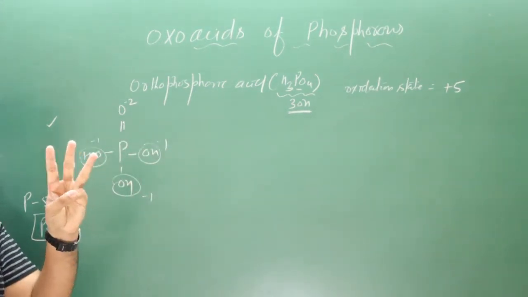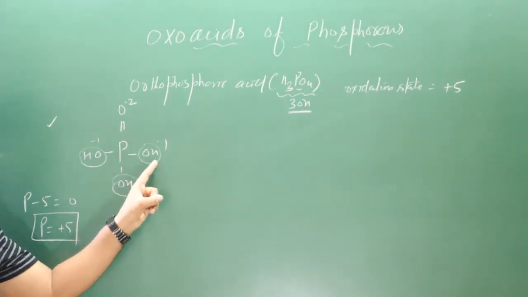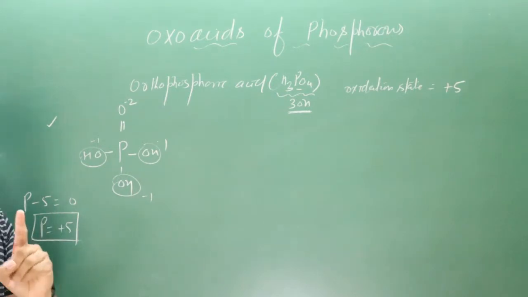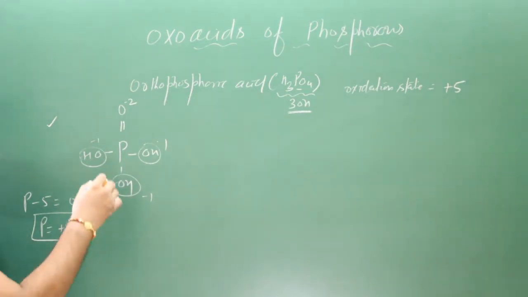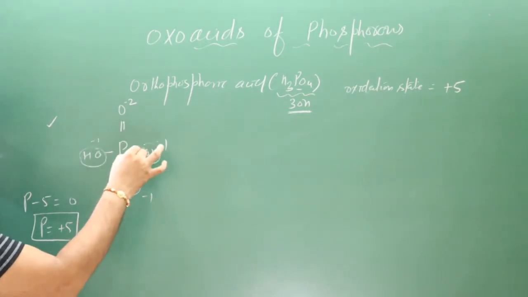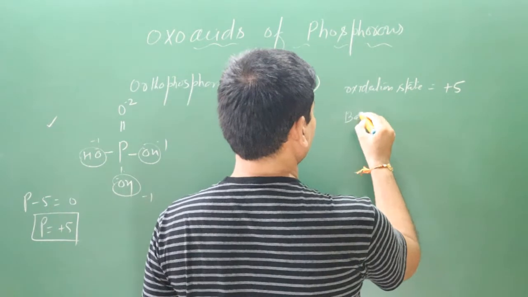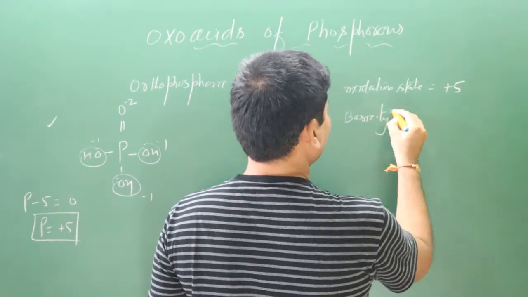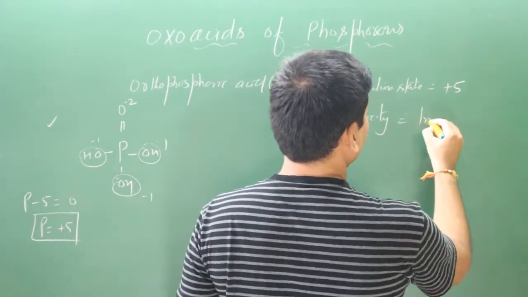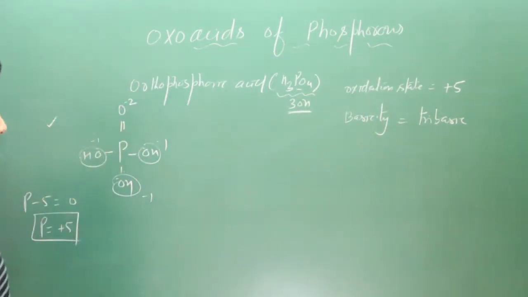It can release 3 hydrogens. Once it releases 3 hydrogens, it will be in a highly stable state, because there will be much resonance with negative charges. Since it has 3 hydroxyl groups, it is tribasic by nature.